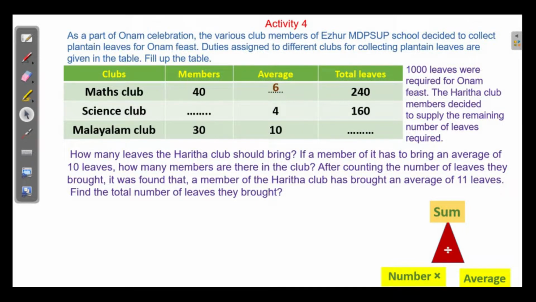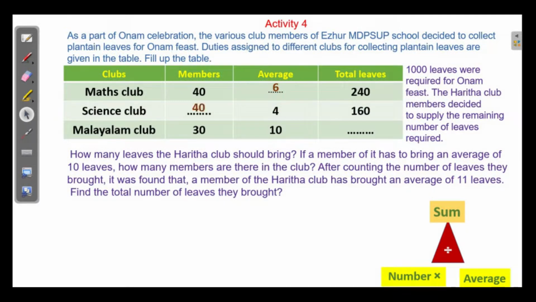The science club members, they have to bring an average of 4 and total is 160. We have to find out the number of members. Number is equal to sum divided by average. So 160 divided by 4 is equal to 40.